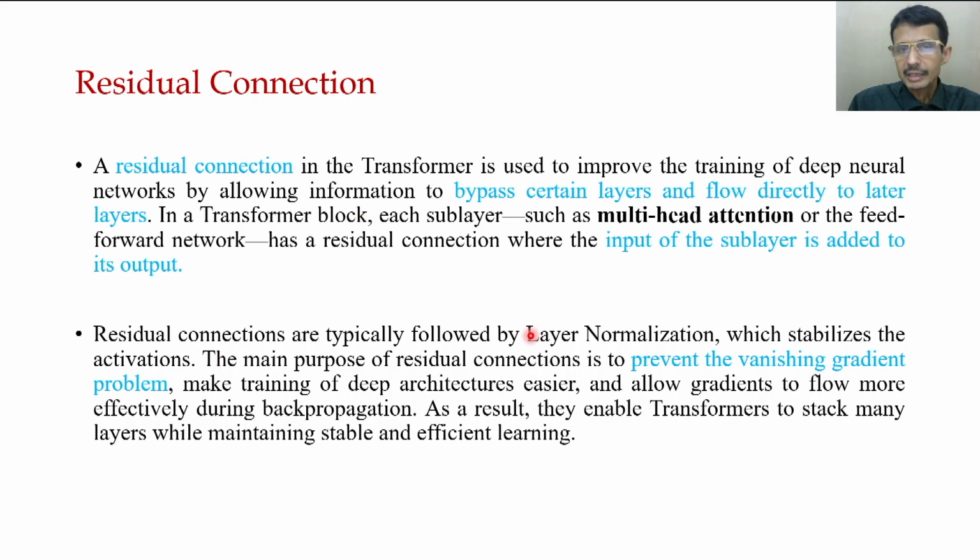The residual connections are typically followed by layer normalization, which stabilizes the activation. The main purpose of residual connections is to prevent the vanishing gradient problem, make training deep architectures easier, and allow the gradient to flow more effectively during backpropagation. As a result, they enable the transformer to stack many layers while maintaining stability. So residual connection is one of the features.